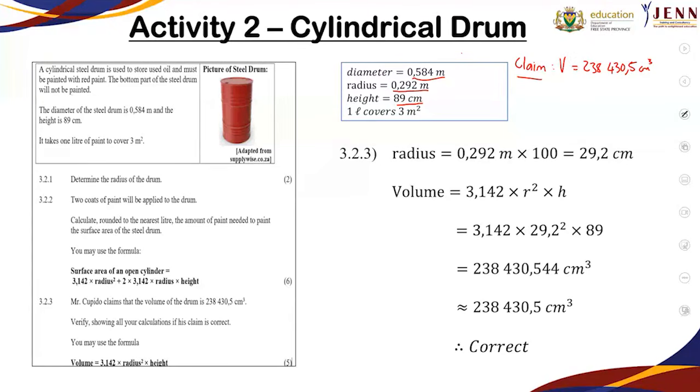Now, whenever you've got a claim question, they say verify whether the claim is correct or not. You must show your calculation, and therefore you must give us a conclusion about that. So when there is a claim, they say this volume is this much.